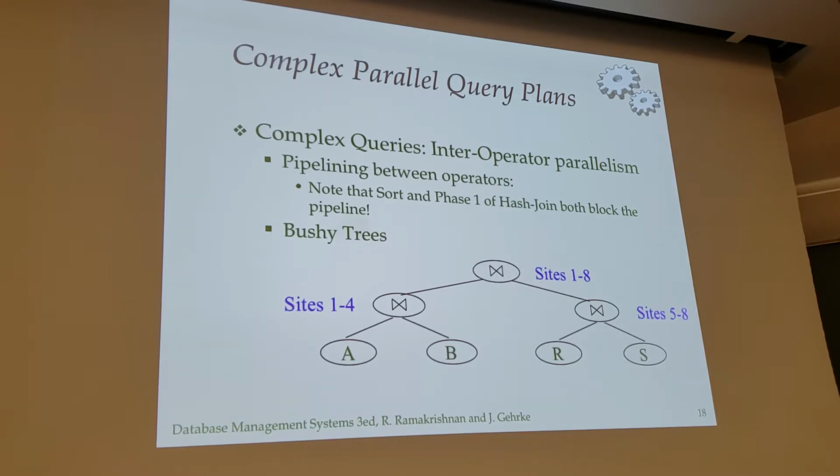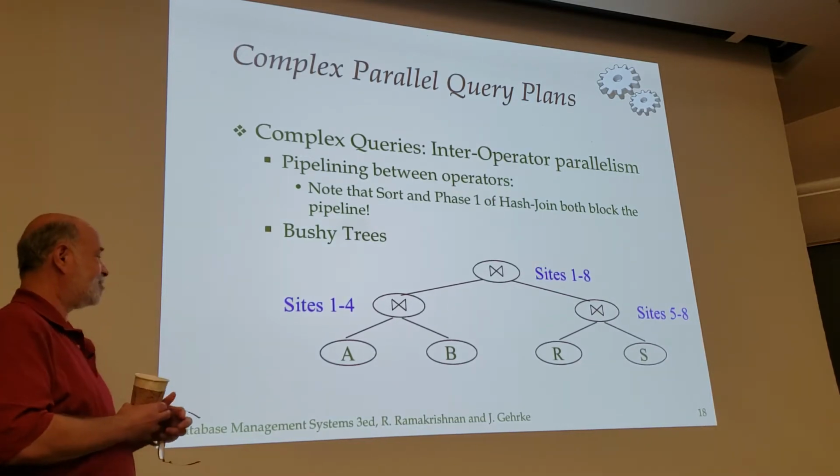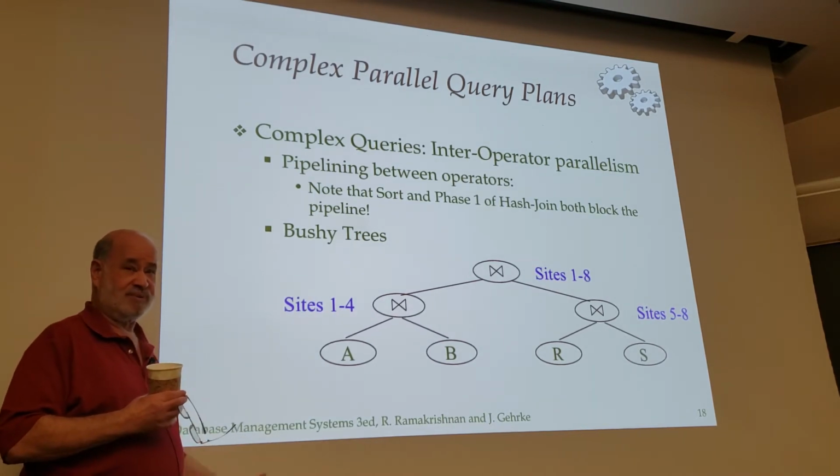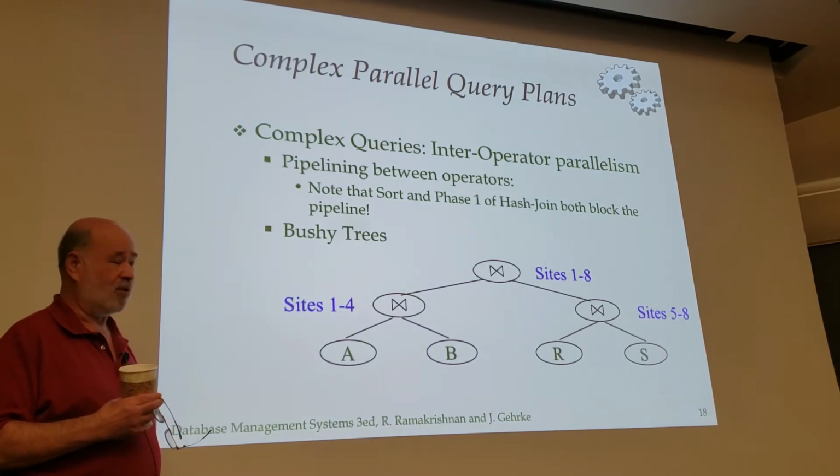If you have a query plan and you want to put things together, you can pipeline between the operators. In particular, if what I want to do is join, and I've got this bushy plan, which System R didn't support, but current optimizers and executors all do support.